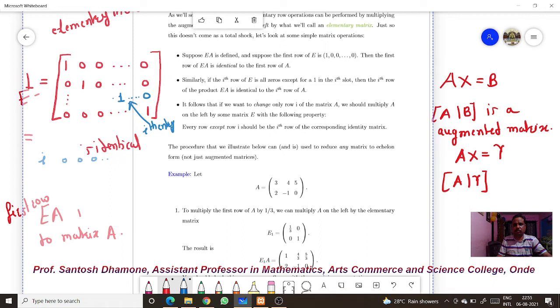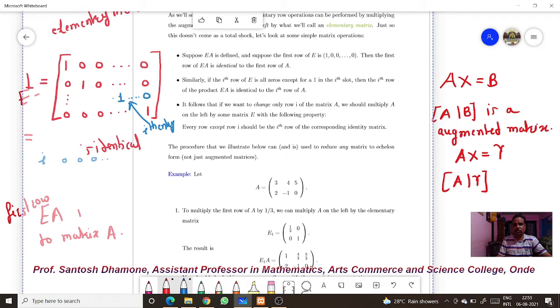Therefore E1A is equal to the matrix with rows 1/3, 0 and 0, 1 times the matrix 3, 4, 5 and 2, minus 1, 0.